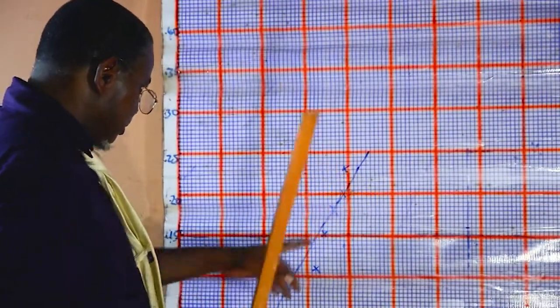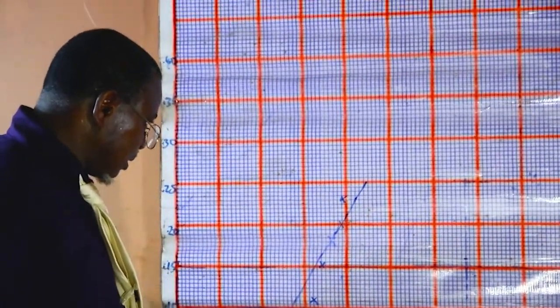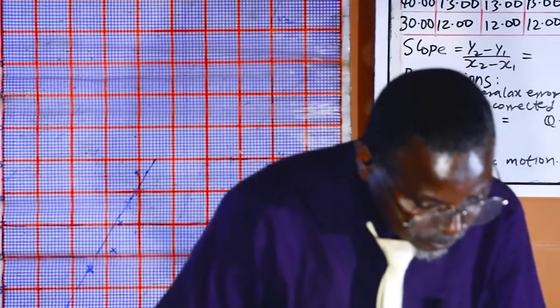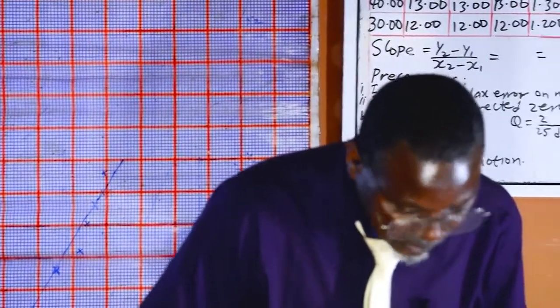Remaining are evenly distributed, one here, one there. So that is the graph we are directed to plot. Determine the slope. We are directed to determine the slope.